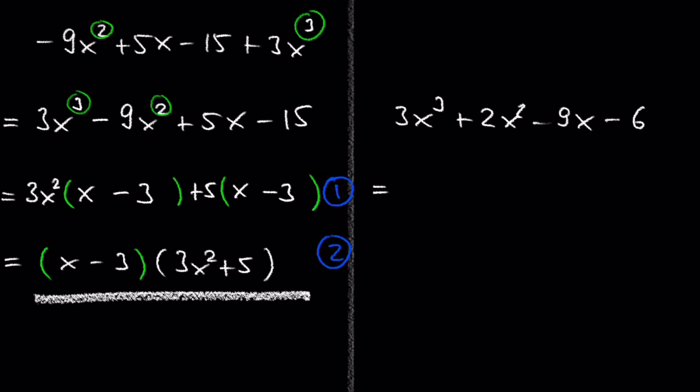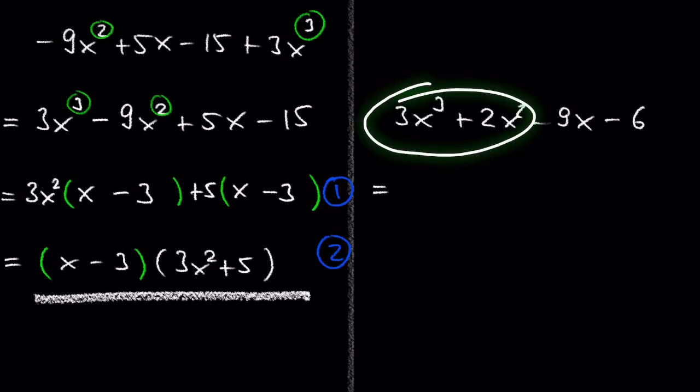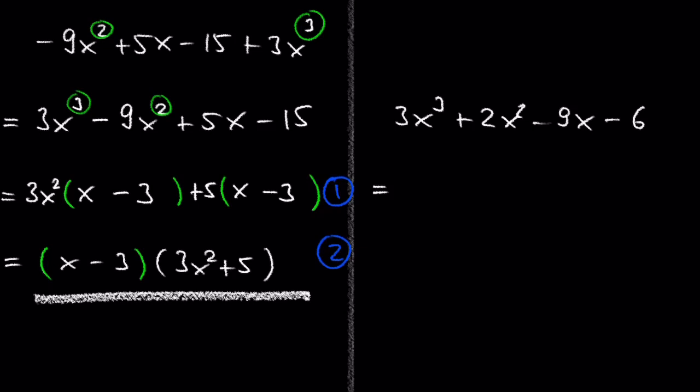So what we are going to do now is to factor out the greatest common factor of the first two terms and of the second two terms, respectively. Feel free to pause the video and try it yourself. In the first group, we factor out x squared, and in the second group, we factor out negative 3.